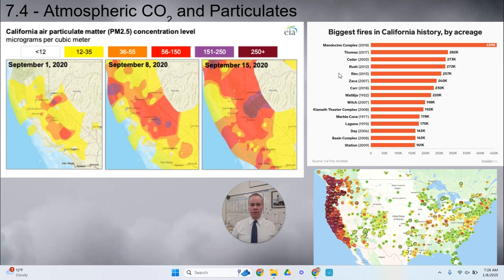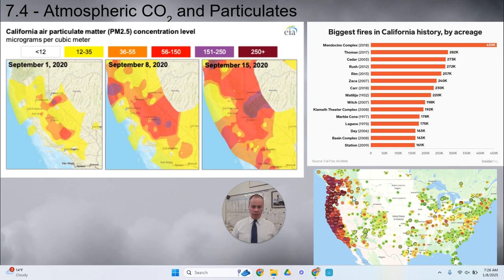And we can see here some statistics here. This is PM2.5 in California. And again, this shows the results of wildfires, that over a period of 2 weeks, the particulate matter pollution in the air increased dramatically. These are highly dangerous levels of particulate matter.